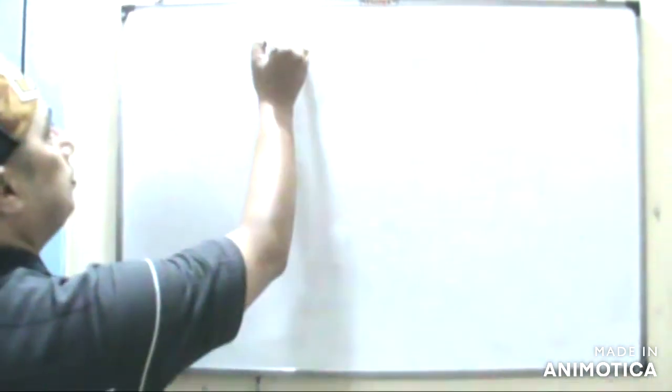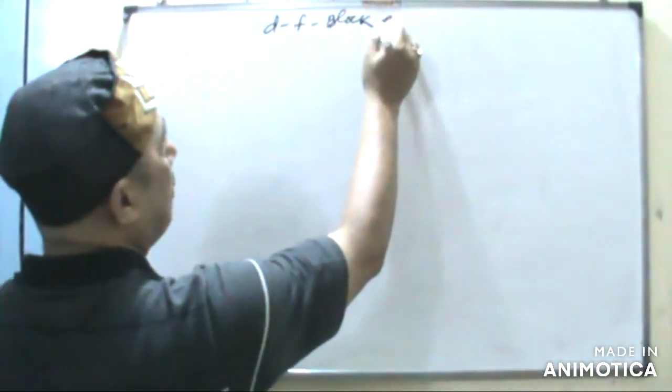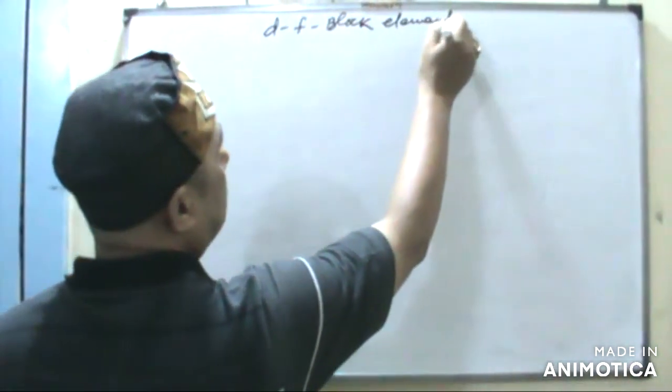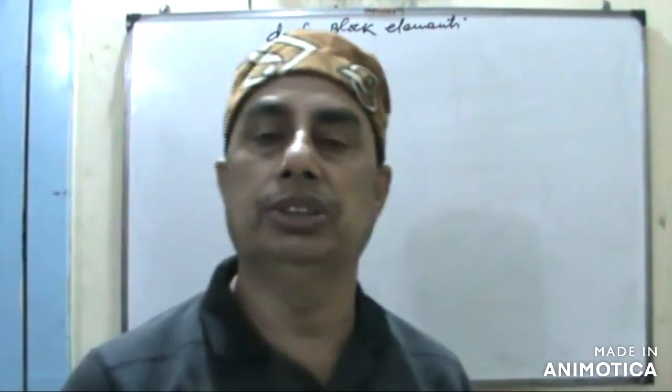Now we take D and F block elements. So write down D and F block elements. As you know, in 11th class we have done those elements whose last electron enters in D subshell of an atom.